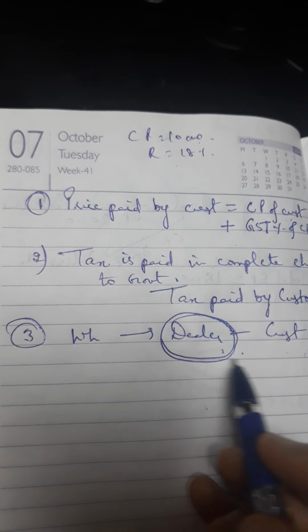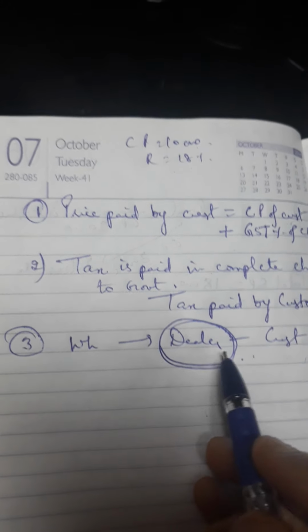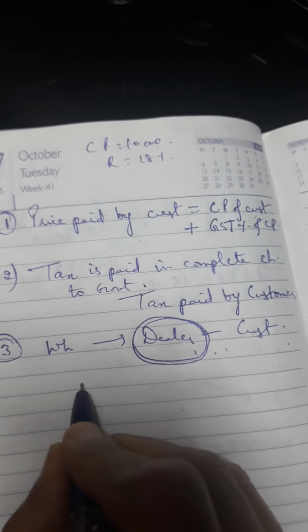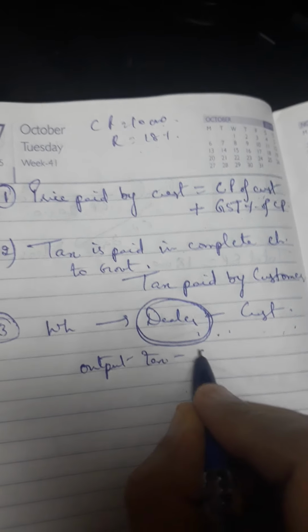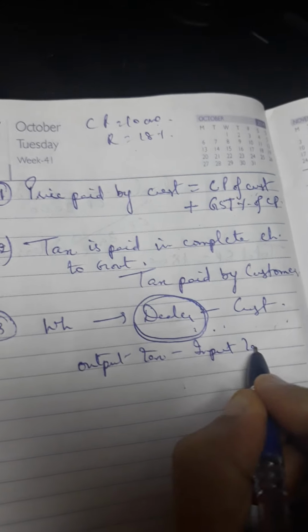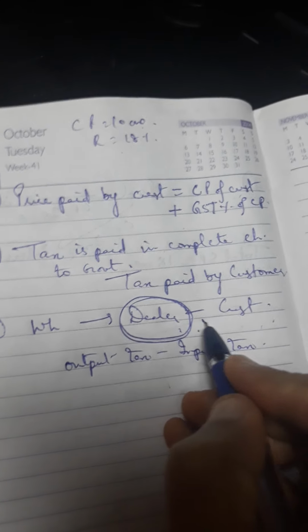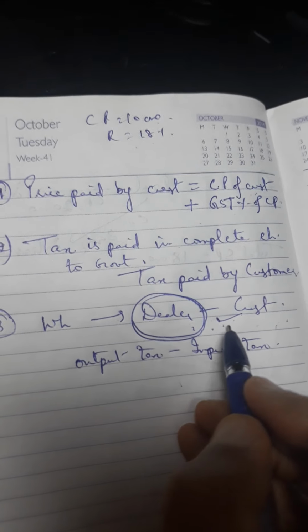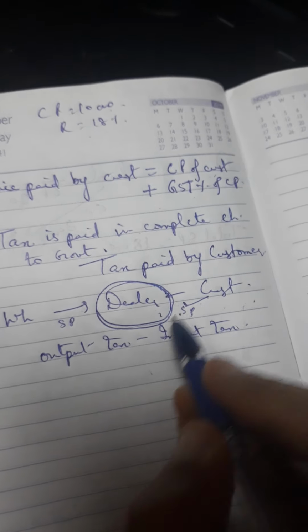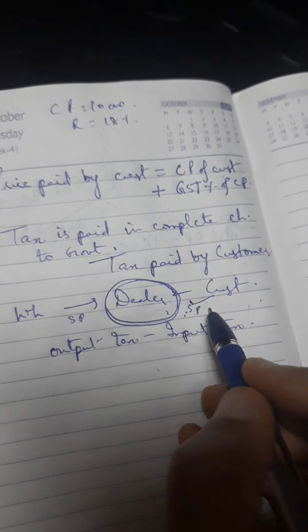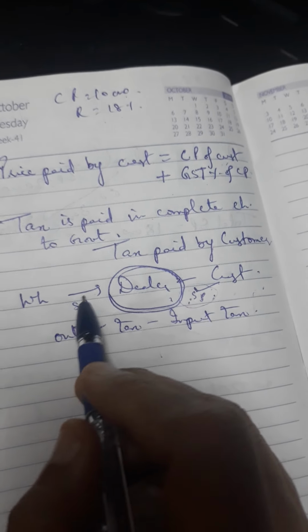If it is in between the chain, they are asking how much tax is paid by the dealer, then that is output tax minus input tax. Okay. Output means this tax calculated from the selling price. Here selling prices you have calculated. So 18% of this or whatever. Output tax minus input tax.